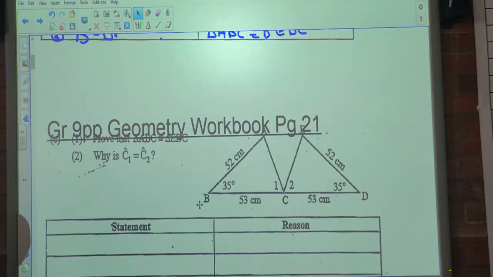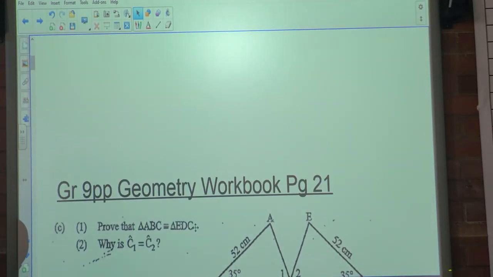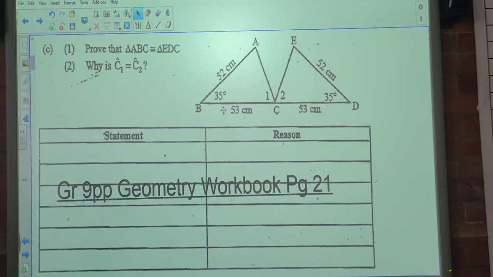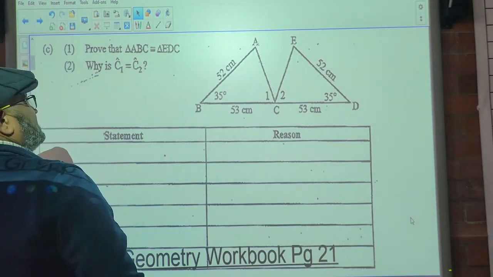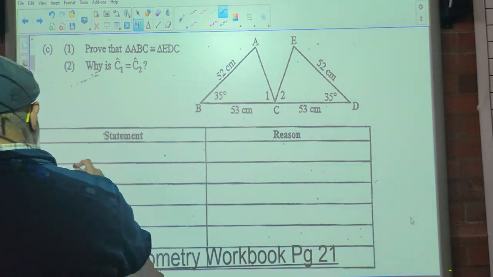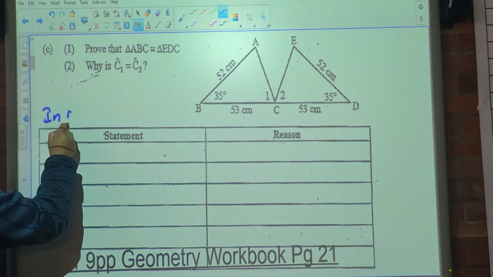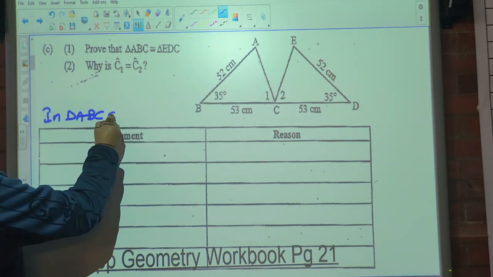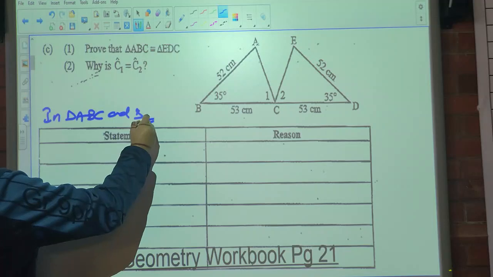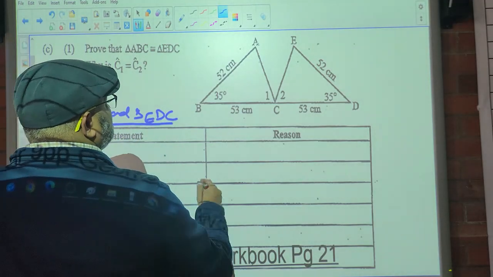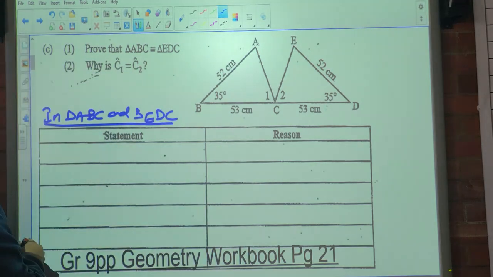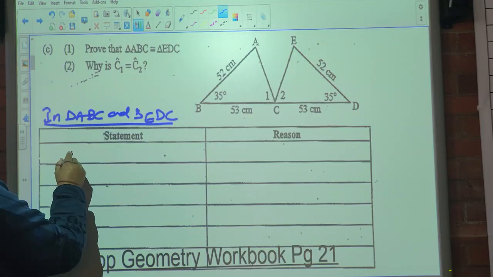Let's go to number 2C. In C, we are asked to prove that triangle ABC is congruent to... So we say in triangle ABC and triangle EDC, what can we say? Did we do this one? No. So what can we say?